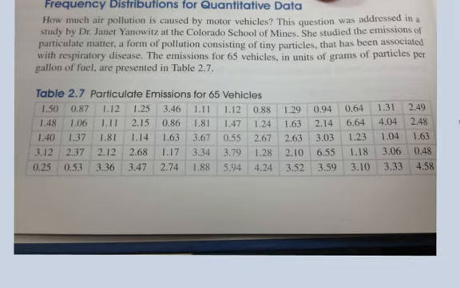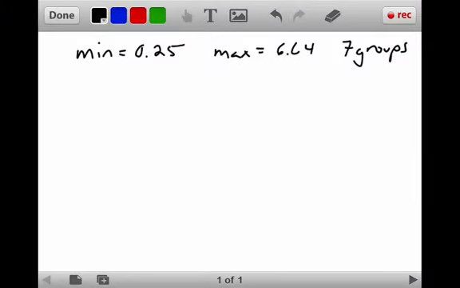If you look at the biggest value, you look at the third column to last, second row, and you have a value of 6.64. So those are our two values. Okay, so here, minimum value 0.25, maximum value 6.64, and we want 7 groups.